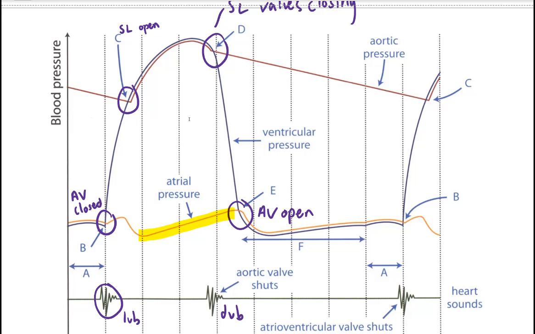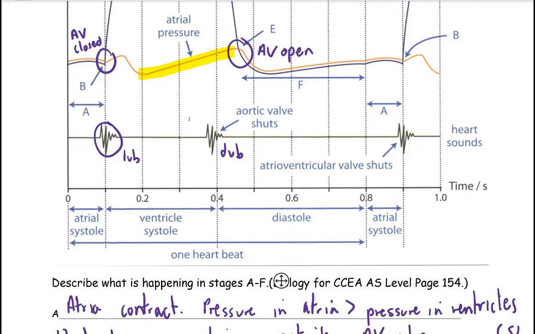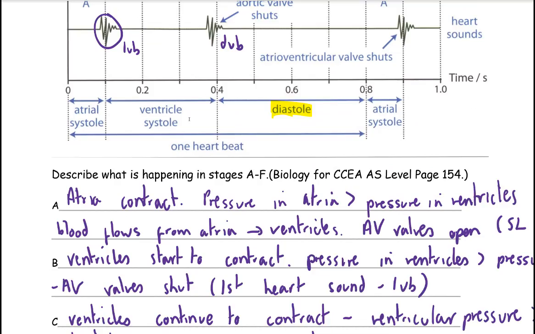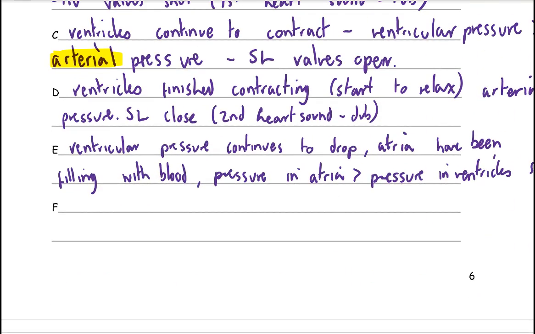Now the last section is F. So at F, it's during diastole. We can see that both atrial pressure and ventricular pressure is gradually increasing, and that is caused by the atria and the ventricles filling with blood.